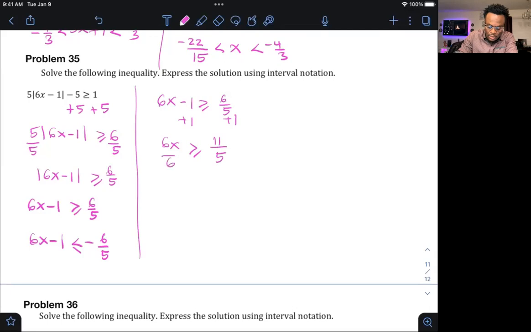Divide by 6. So that is x greater than or equal to 11 over 30. Okay? And that's case number 1.